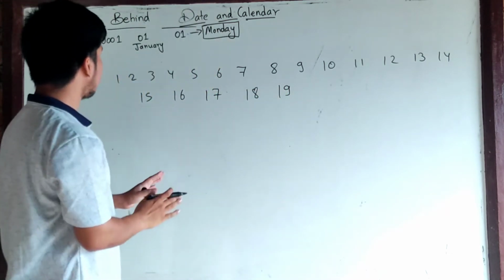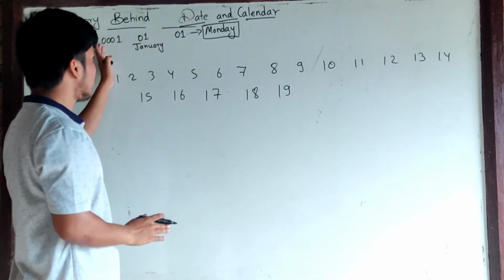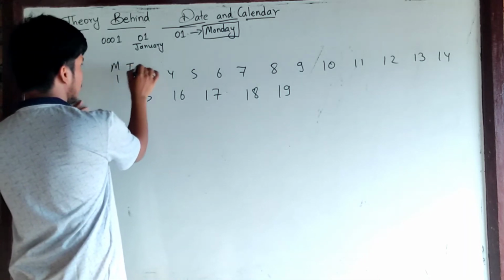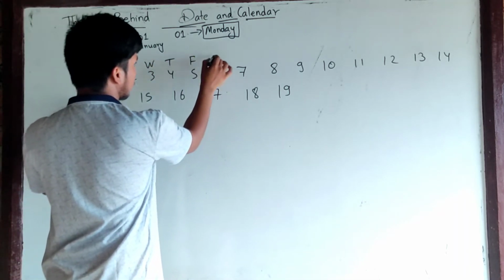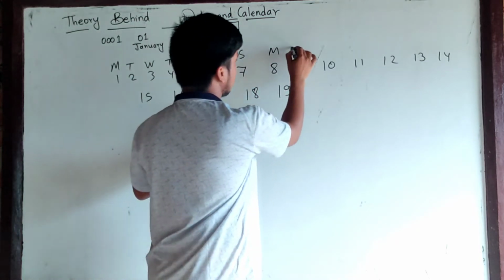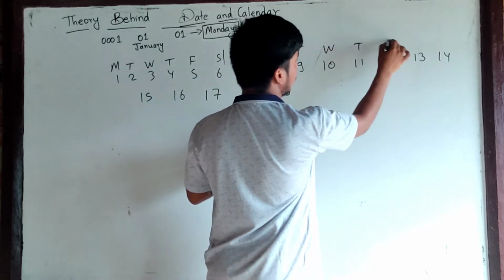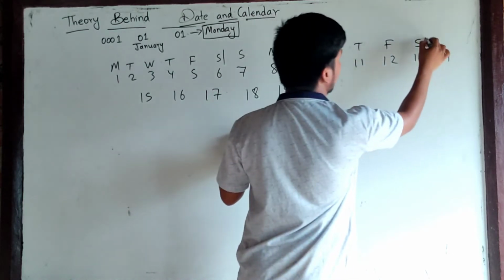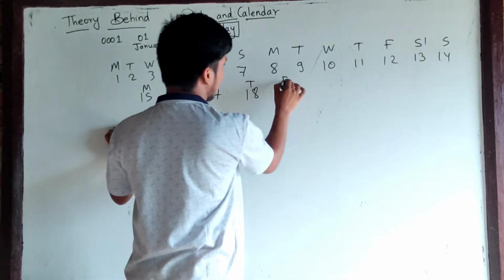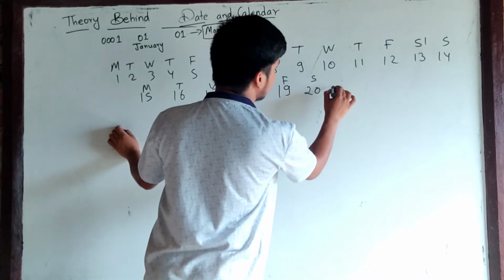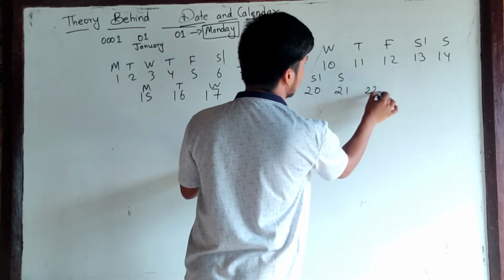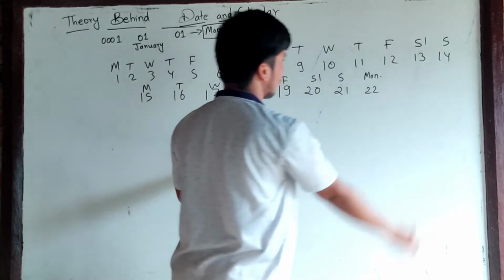Since we know that the first day of January of the first AD is Monday, this is our Monday, Tuesday, Wednesday, Thursday, Friday, Saturday, again Sunday, Monday, and so on, and there is 21 Sunday, 22 Monday, right?